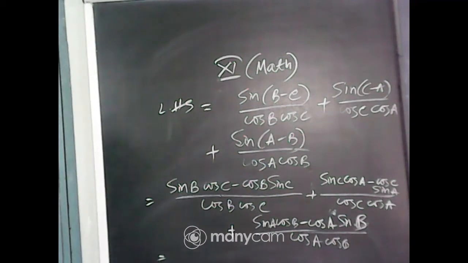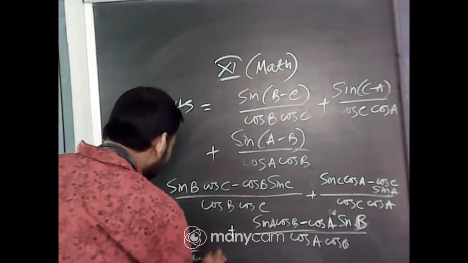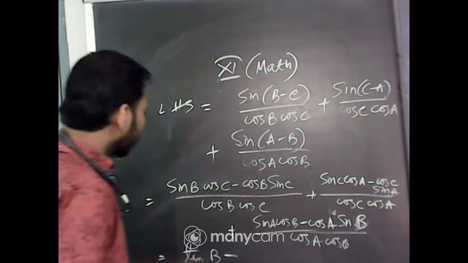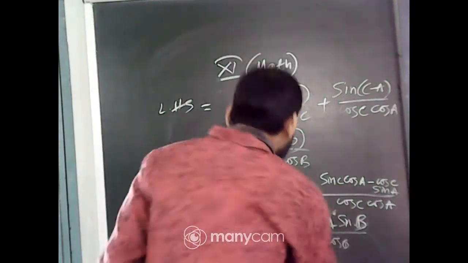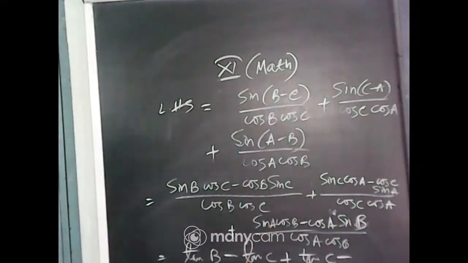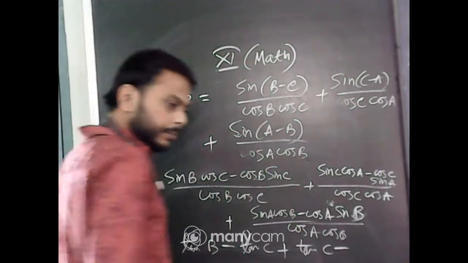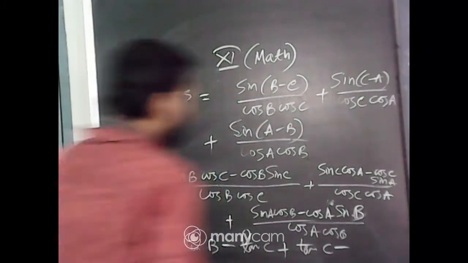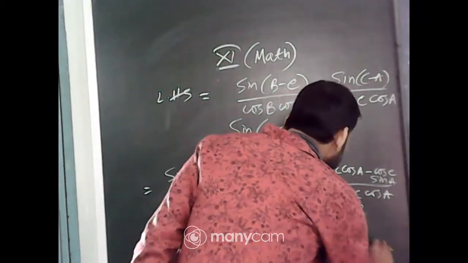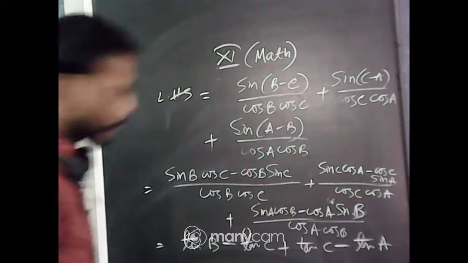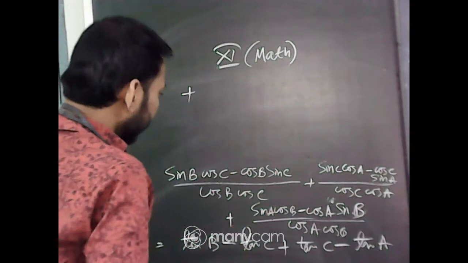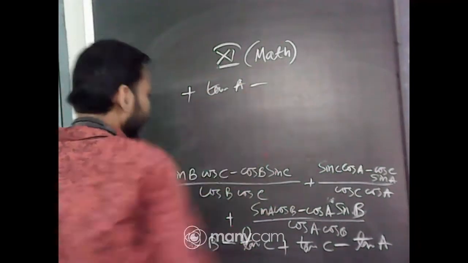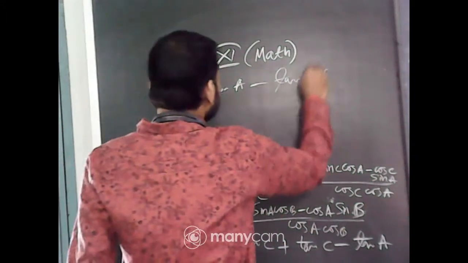So sin B cos C by cos B cos C will cancel out, it will be tan B minus, for the next portion cos B cancel out, minus tan C, plus for the next one cos A cancel out, plus tan C minus, for the next portion cos C cancel out, minus tan A, plus from here cos B cancel out, plus tan A minus cos A cancel out, tan B. Okay.